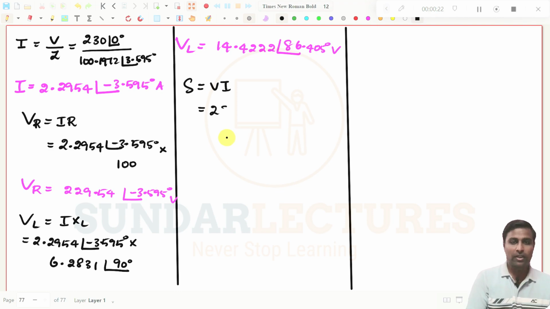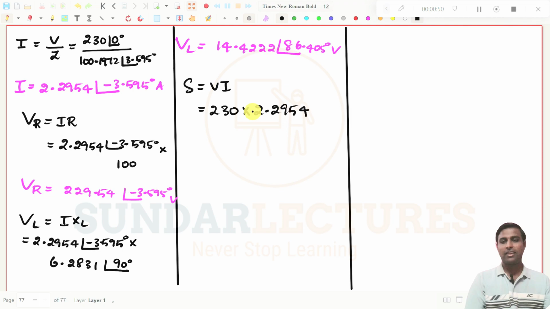So it will be 230 volt into, and what is the I value we have found? Whenever you are finding out the apparent power or active or reactive powers, you just go for modulus values. Modulus values will give you the perfect answers, right? So what is the value of I here? That will be 2.2954.